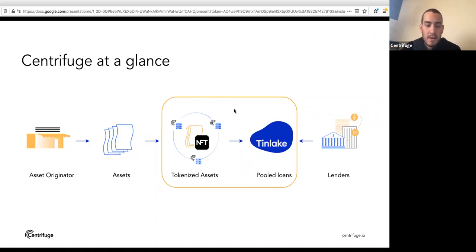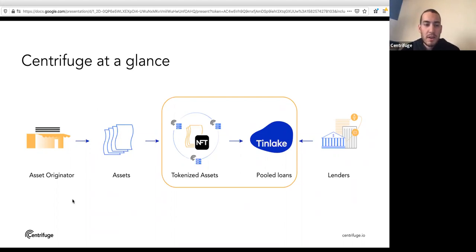And then we have Tinlake. Tinlake is our set of smart contracts that this call will be about today, where we allow bundling of these many different non-fungible assets, creating one portfolio of assets, and then having investors invest in the portfolio as opposed to doing this one by one, invoice by invoice, or property title by property title, or who knows what.